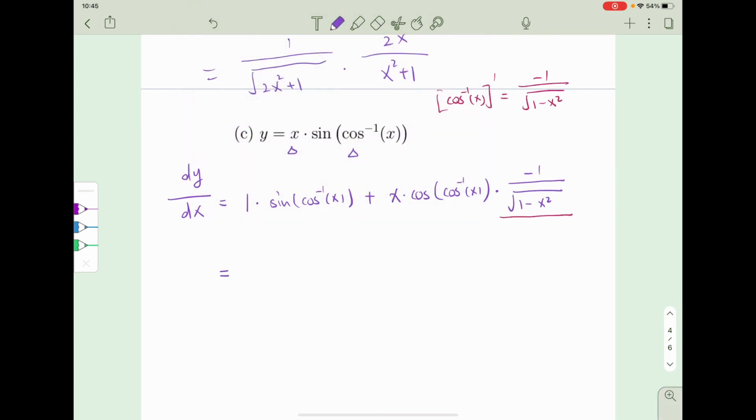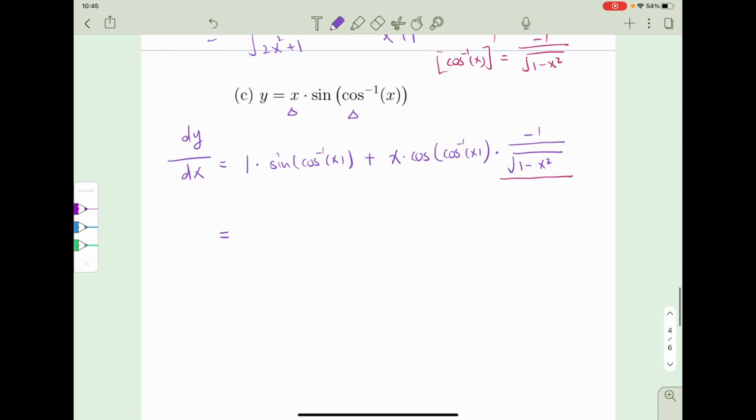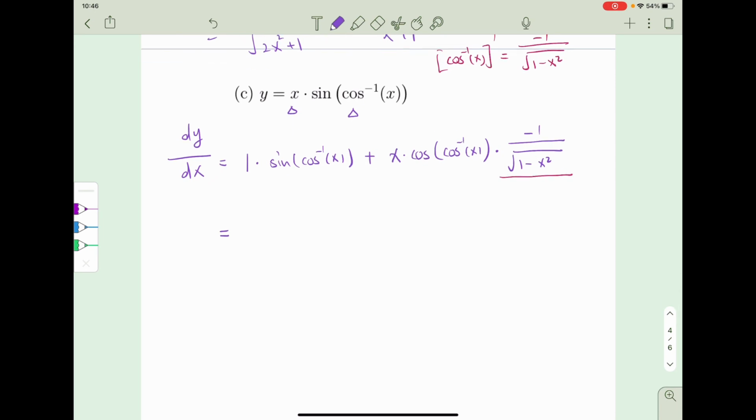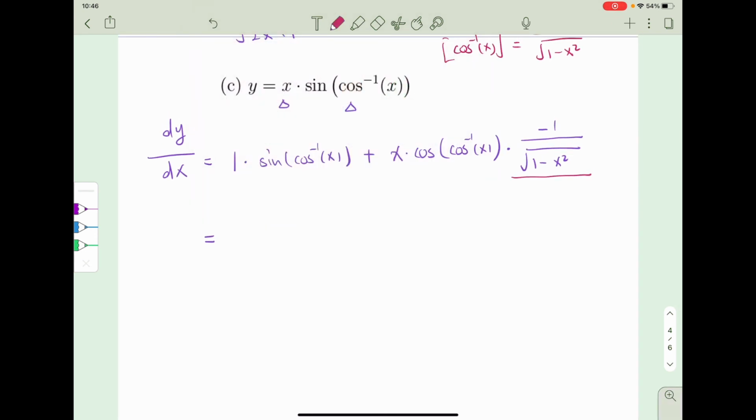Very simple, but simplifying it as much as possible requires us to work with the inverse trig function. So let's work with the first one. Can we simplify this?